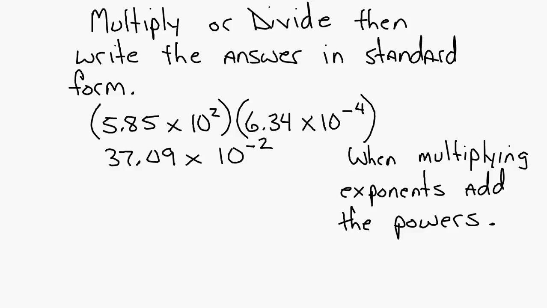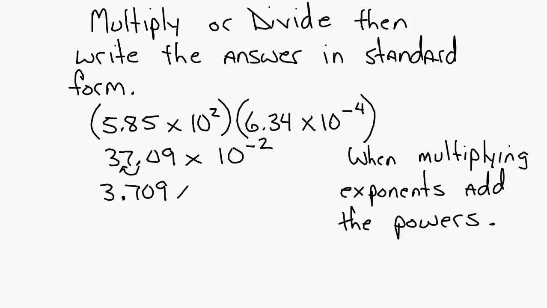All right? That's not in standard form, is it? Write the answer in scientific notation and standard form. So you got to write this number now in scientific notation. This decimal place has to be moved because this first number's got to be between 1 and 10. So look, this becomes 3.709. We're going to move the decimal 1 to the left.